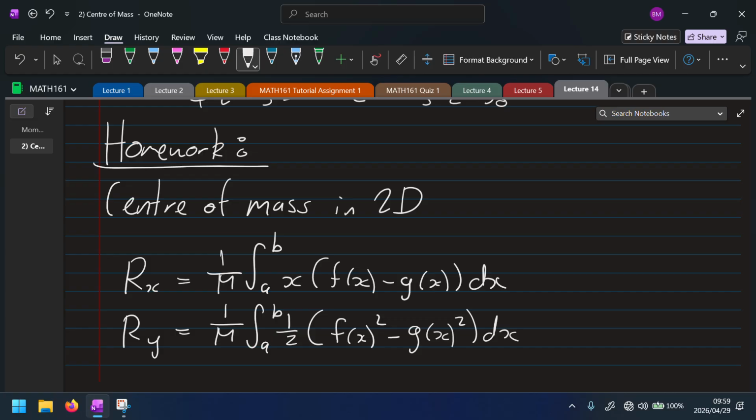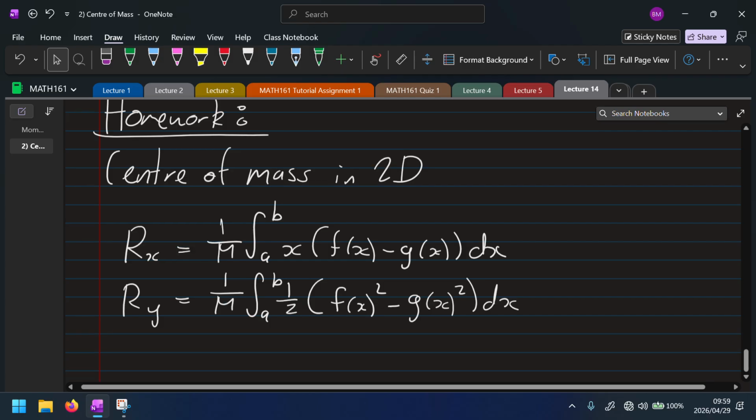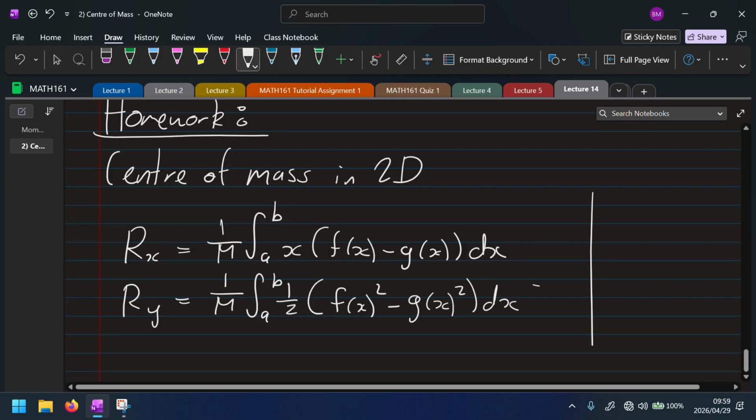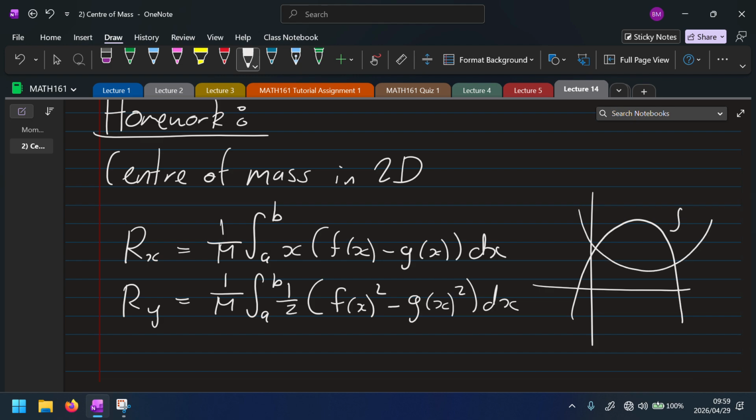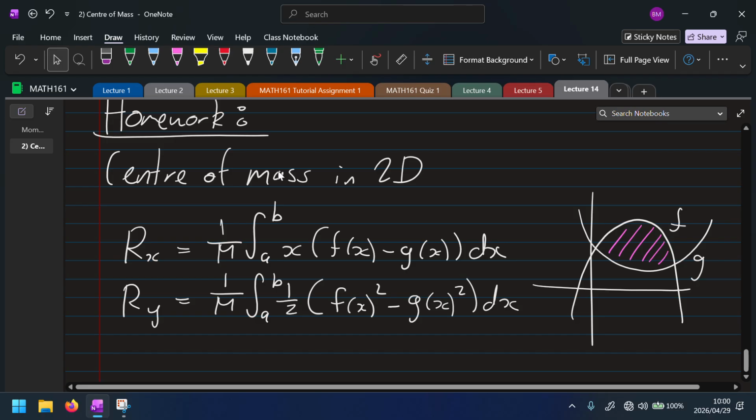Okay, so this is for a 2D region where we have some upper function f and some lower function g, and that gives us some bounded region. Okay, the region has some density over that region there, for f and g.